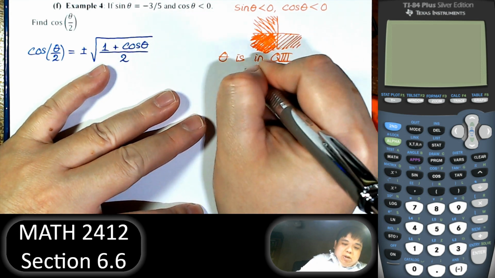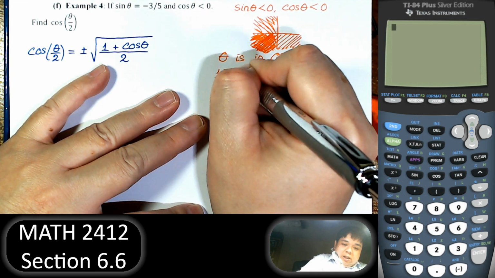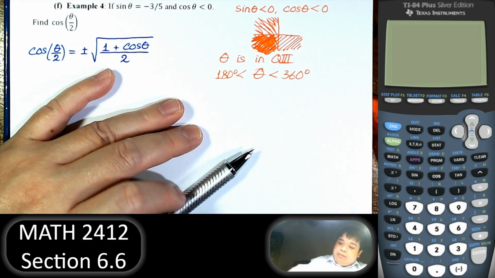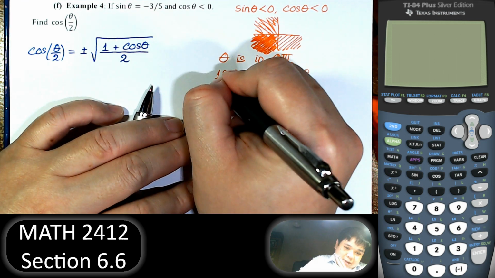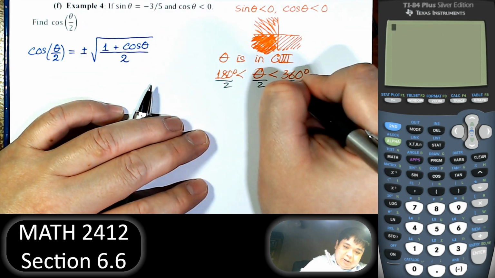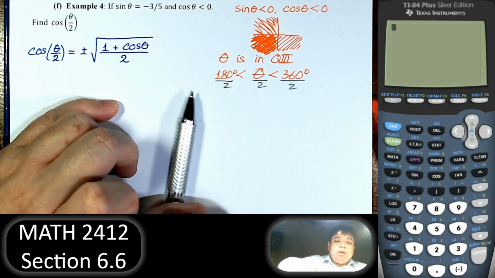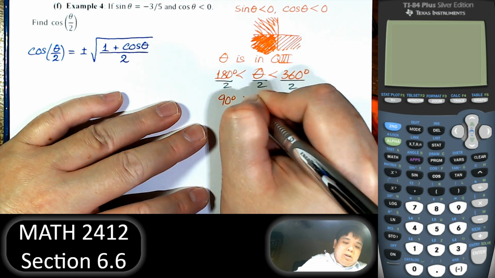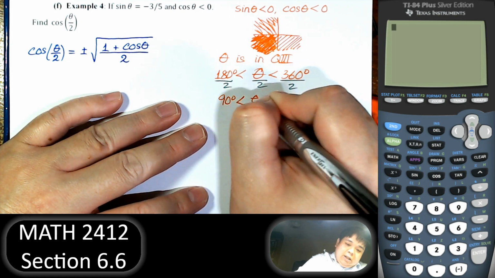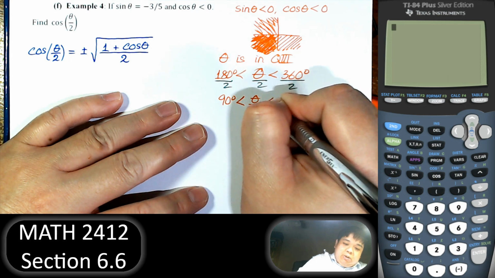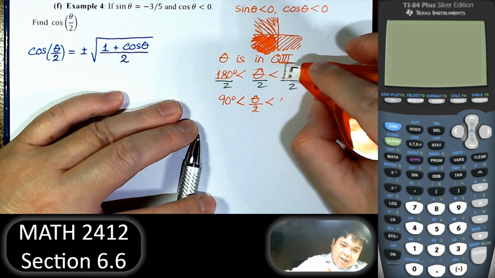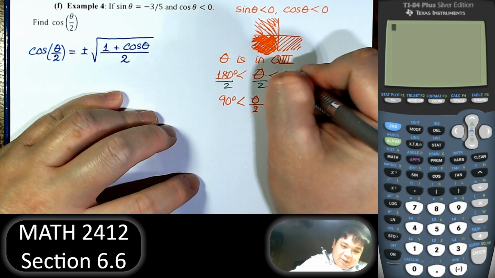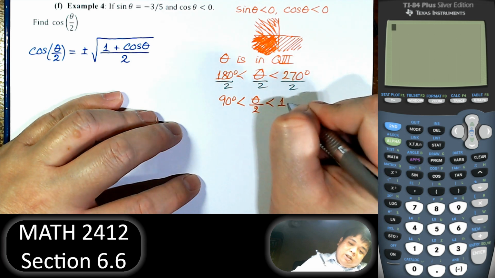So theta is between 180 degrees and 270 degrees. Divide everything by 2. So we have 90 degrees less than theta over 2 less than, in quadrant 3, this is 270 degrees, so that's 135 degrees.